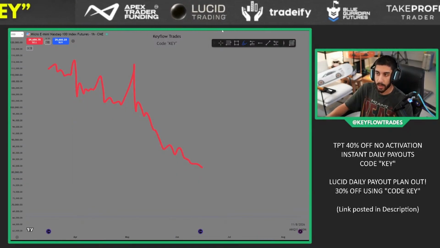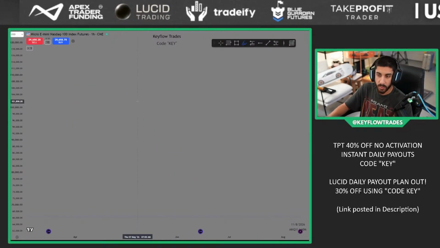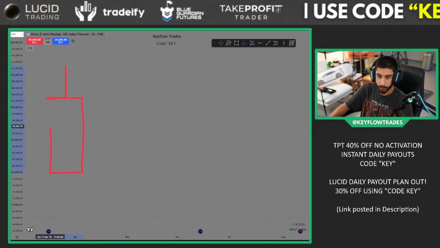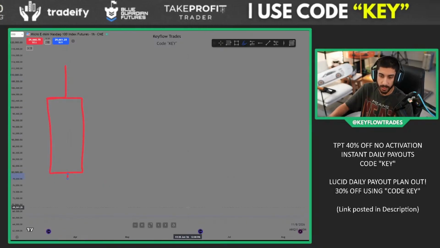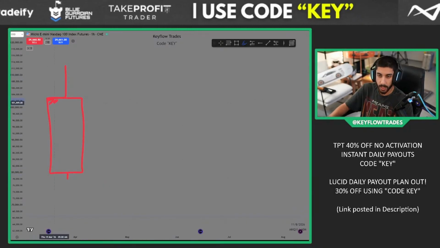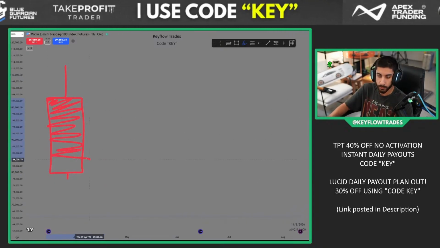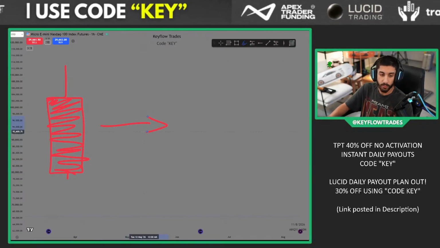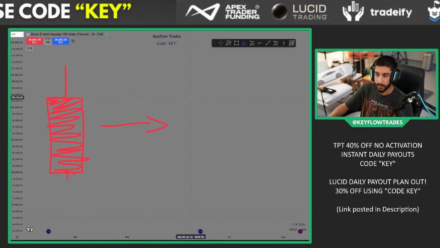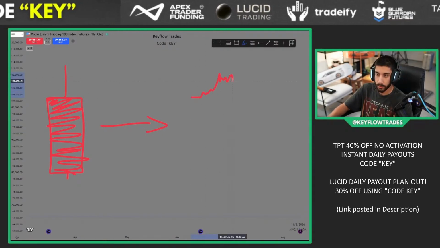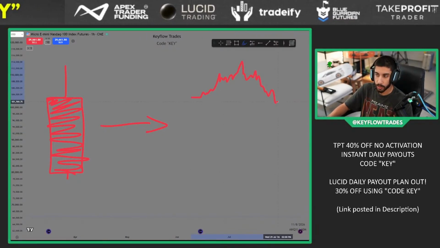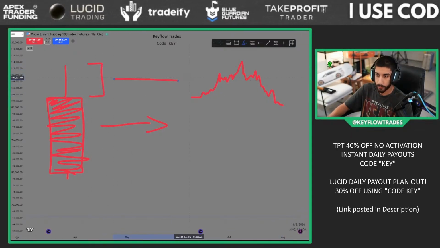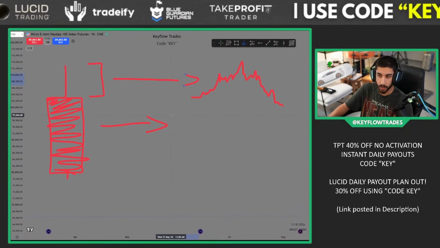So the reason why it works on a wick is because, when you look at a wick, all right, let's say this is a candle here. This is a red candle, a down closed candle. When you look at this from a range perspective, you have your open here. This is a range. The wick is a range. This is a range right here.